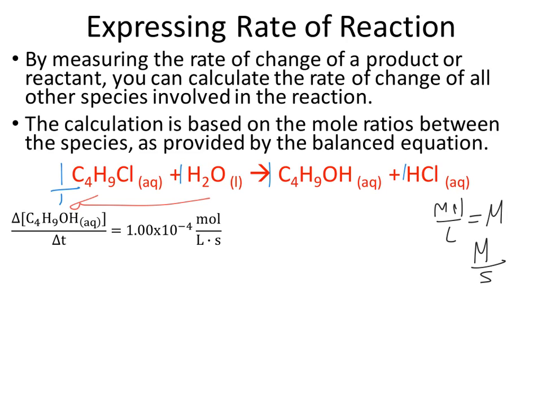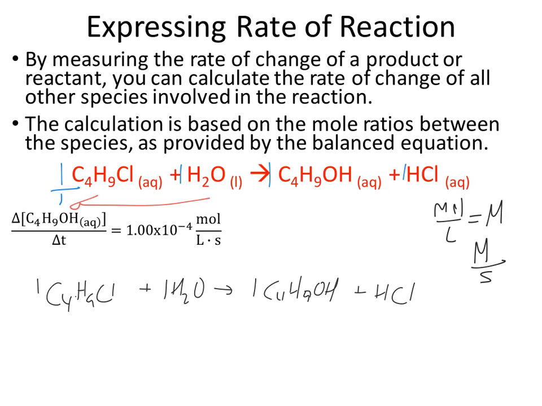Therefore, if we have this, we have C4H9Cl, one of that, plus 1 H2O gives us 1 C4H9OH plus HCl.